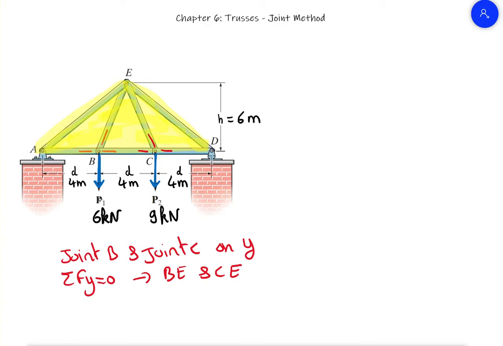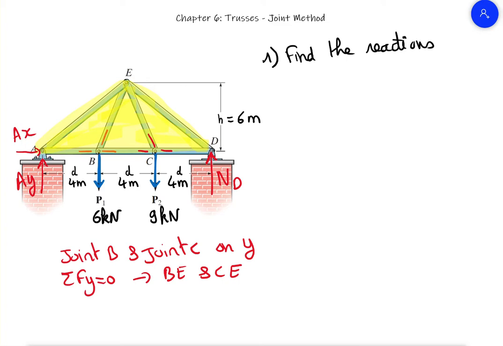We have two external forces and two reactions, AX and AY. We have a normal force there because it's a roller, so ND. First, find the reactions, because if we use the sum of forces on Y, we cannot find this one anyway.